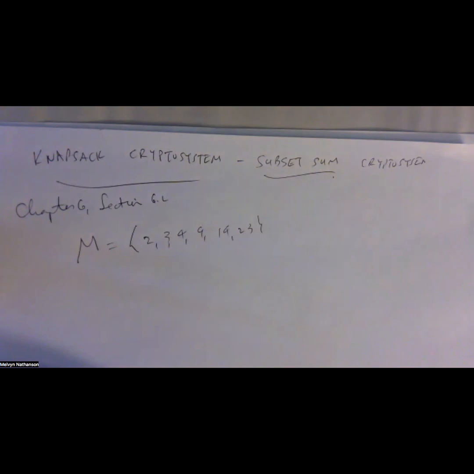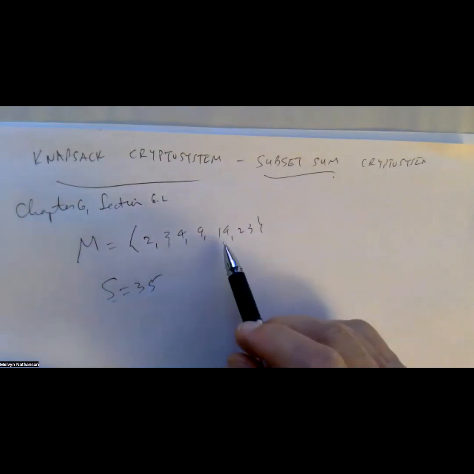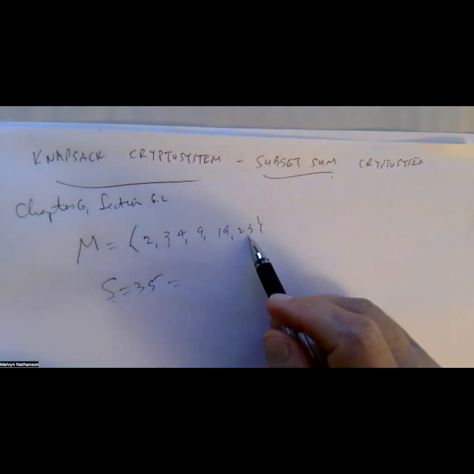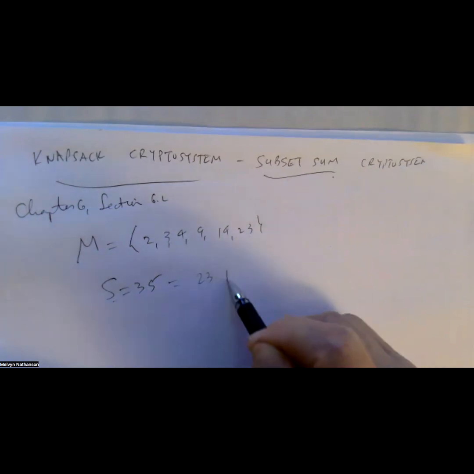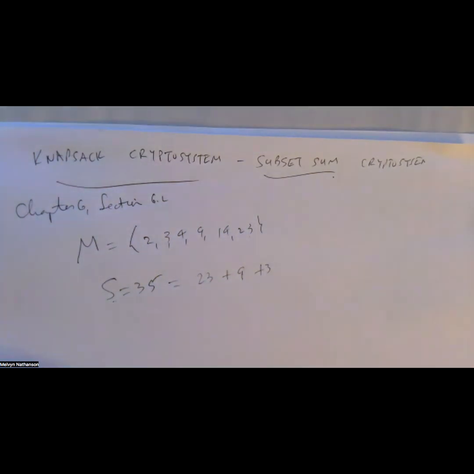And suppose I take the number 35. So I can write 35 as a sum of different numbers in this set. I think 35 is 23 plus 9, that's 32, plus 3.